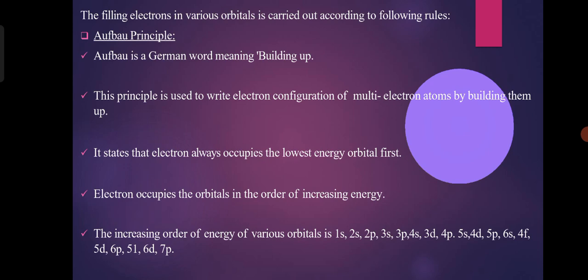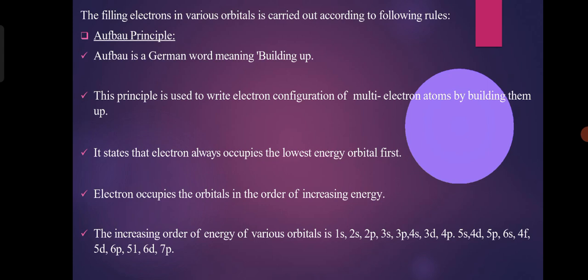This means when electrons are filled in an atom, first the ground state, the lower energy, is filled, and then the electron goes to a higher energy level. This is Aufbau's principle.